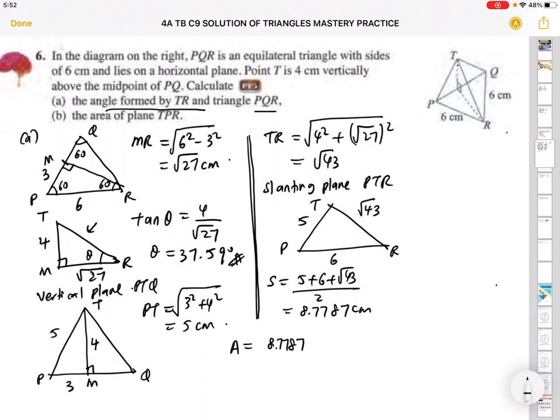This semi-perimeter S is the sum of all three sides, the perimeter, you divide by 2. And we take this value, you multiply with the difference with the first length, 8.7787, with the second length, 8.7787, with the third length, square root 43. And whatever you get, put the square root over.